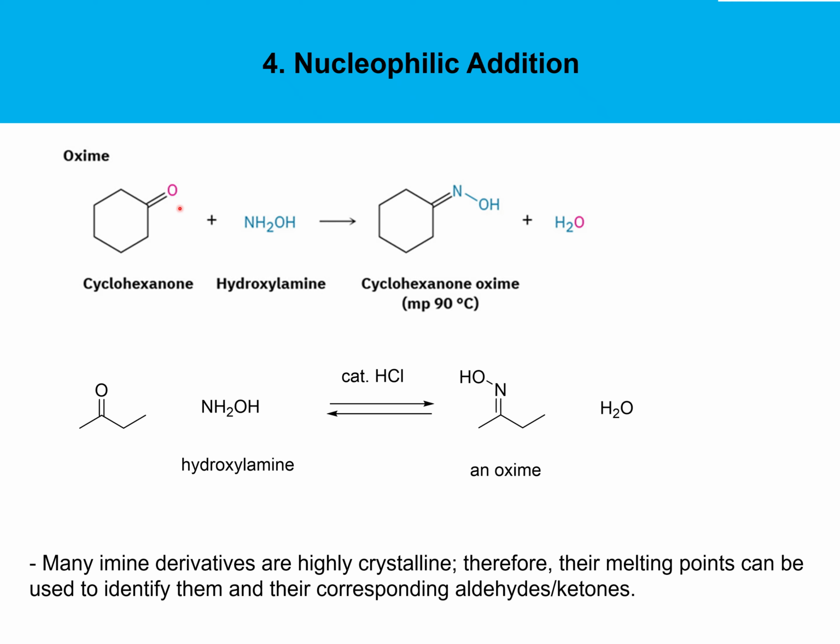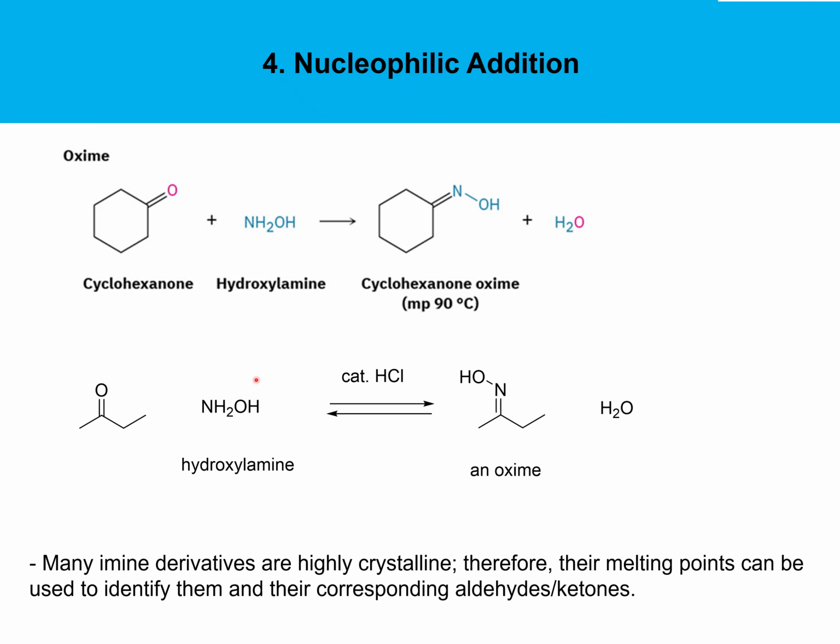So the nitrogen will attack the carbonyl carbon and eventually form a double bond there. And the OH essentially acts as a substituent that rides along for the reaction and is found in the product. This oxygen from the carbonyl will eventually become a water molecule and it will be a byproduct of the reaction. The reaction again is reversible by adding water and HCl.